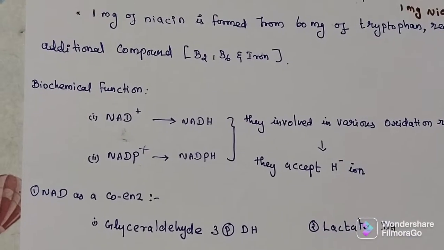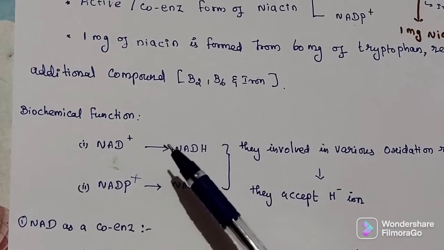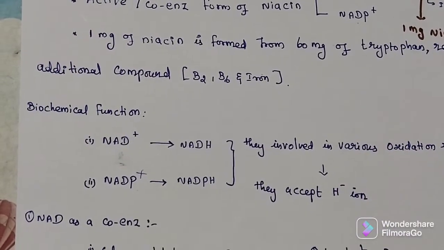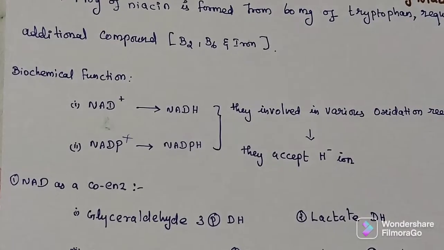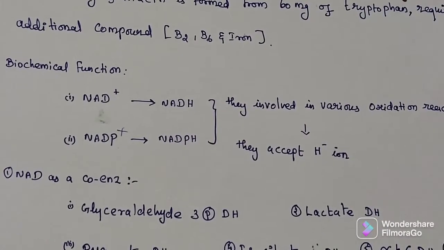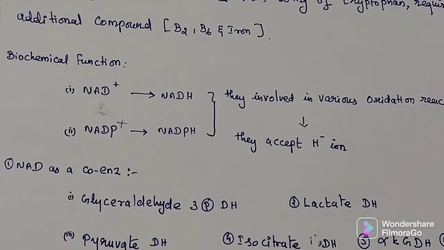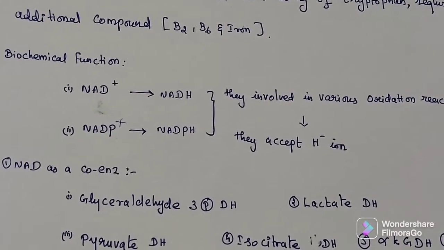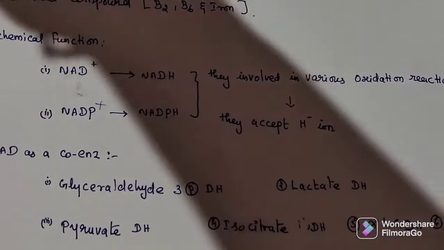A number of reactions are catalyzed by NAD and NADP. There are a number of enzymes which require NAD as a coenzyme, starting from glycolysis.